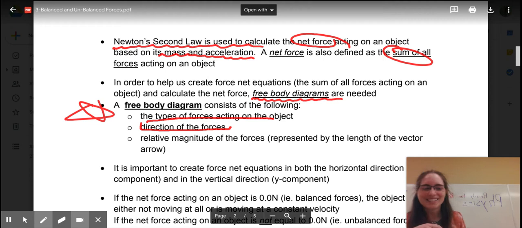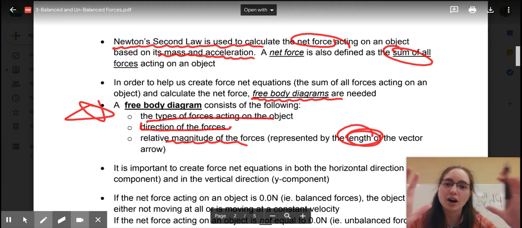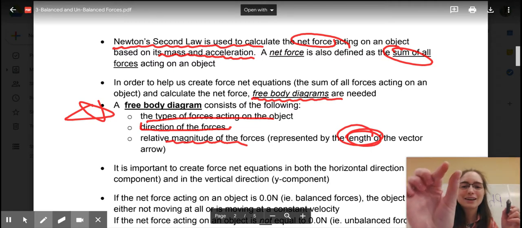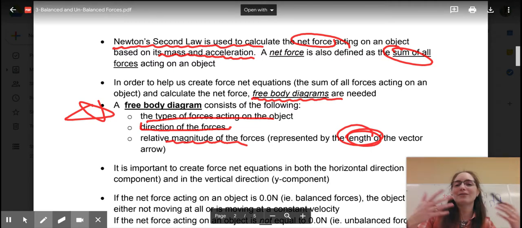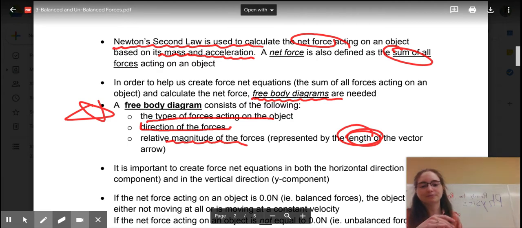Cool. So, we're also going to need our relative magnitude. This is going to be the length of your vector, so the length of your arrow. The larger the force, the larger your arrow is going to be. So, if I draw a teeny tiny arrow, that means we have a teeny tiny force. If we draw a massive arrow, it means we've got a massive force.